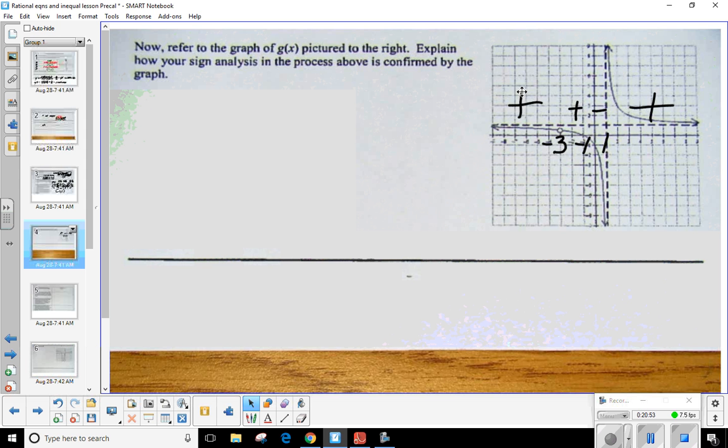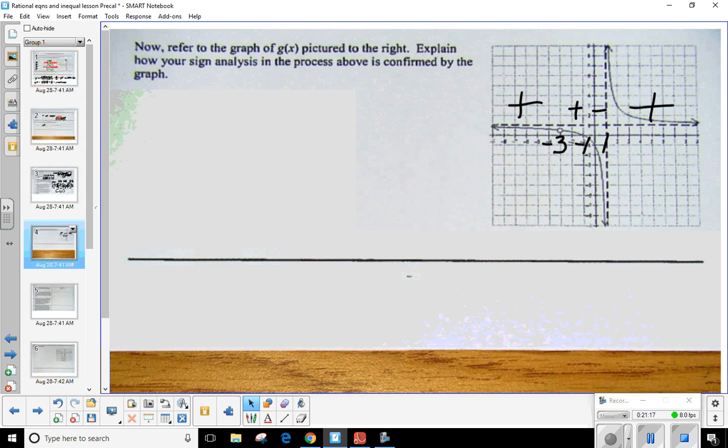It's above the x-axis. Everything from -3 lower, it's above the x-axis. Between -3 and 1, it's still above the axis. From 1 and greater, it's still positive. It's above the x-axis. What was the only interval we got negative, and the only interval where it's below the x-axis?